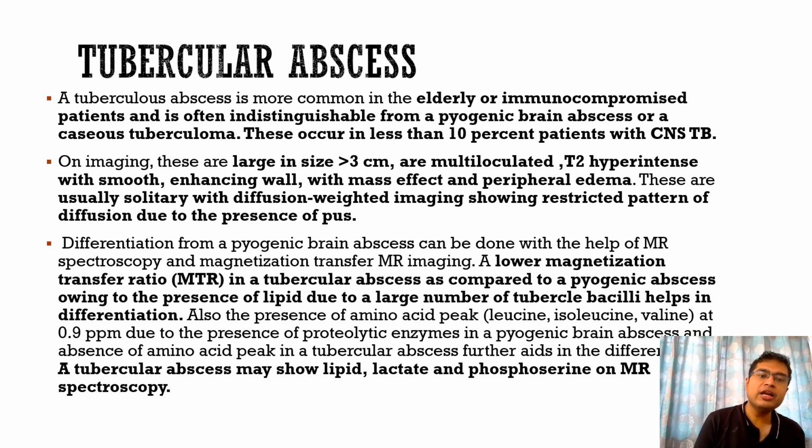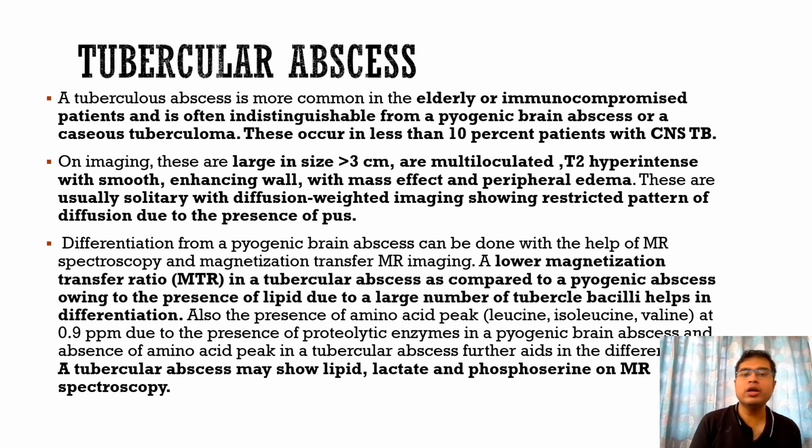On imaging, tubercular abscesses are usually very large in size, more than 3 centimeter, multiloculated, conglomerated, T2 hyperintense. This is an important feature to differentiate from granuloma, that abscesses will be T2 hyperintense. As is the case in pyogenic abscess, tubercular abscess will also be T2 hyperintense. It will be multiloculated, more than 3 centimeter, with enhancing wall and extensive mass effect and peripheral edema.